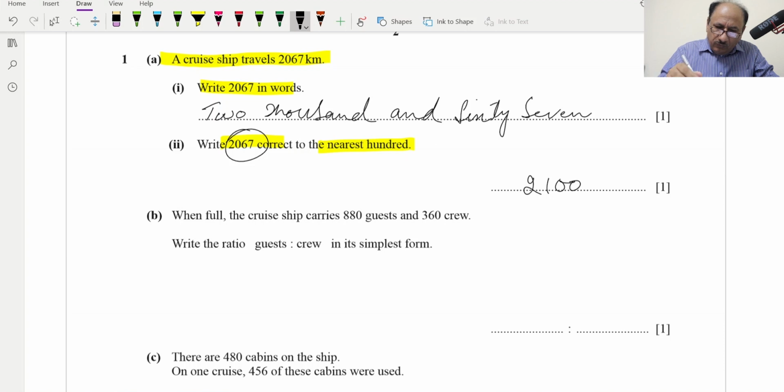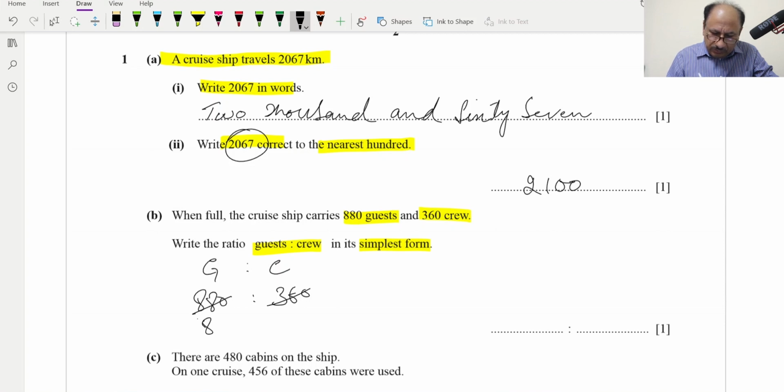B part, when full, the cruise ship carries 880 guests and 360 crew members. Write the ratio guests to crew in simplified form. So the guest to crew ratio is 880 to 360, and we can divide it by 10.